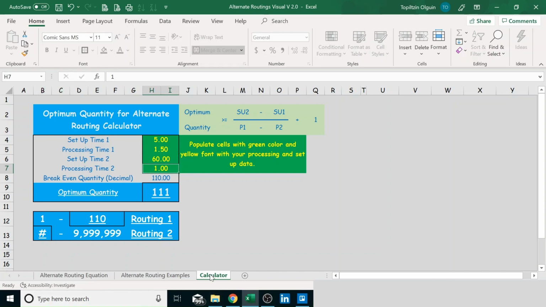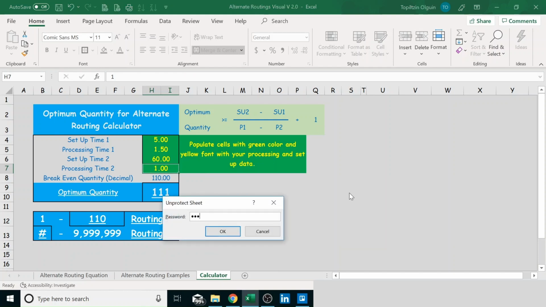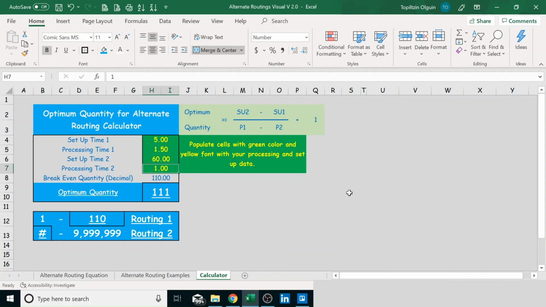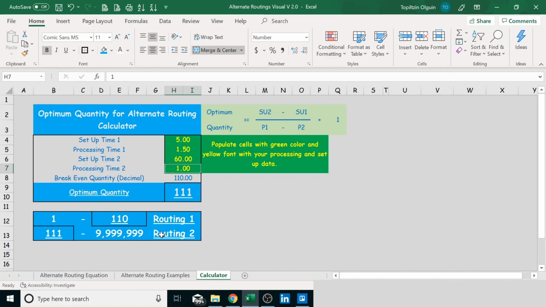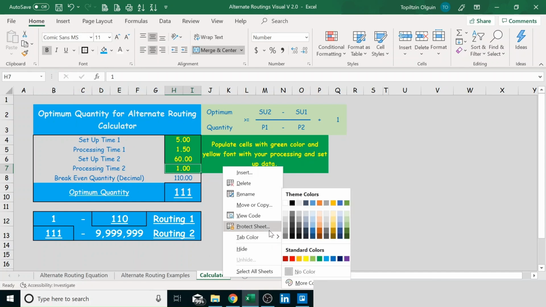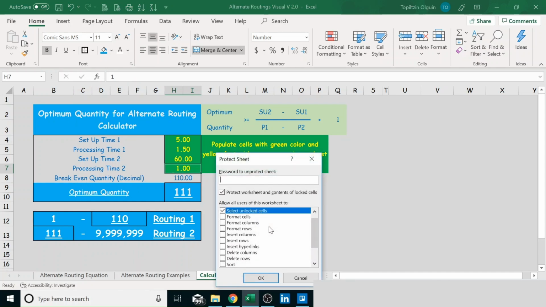We can say that from 111 and beyond, we should build on machine 2, and that's just for efficiency purposes.